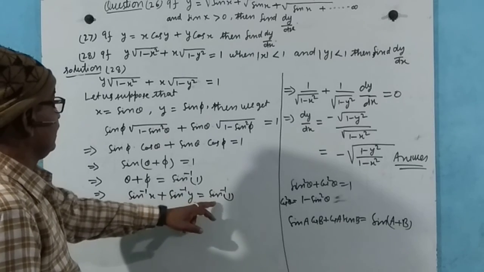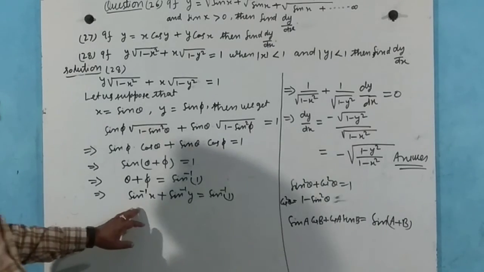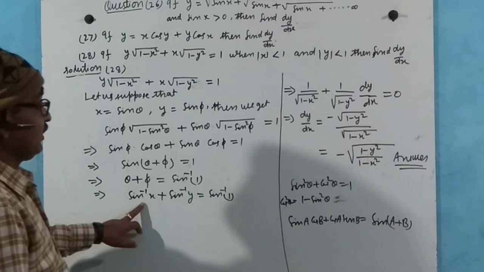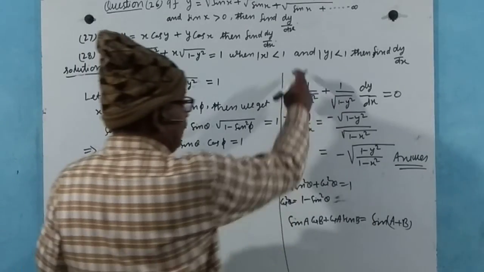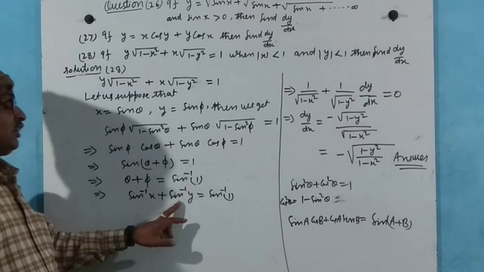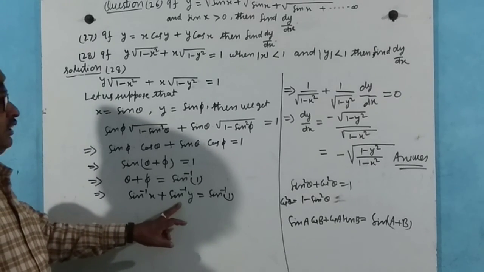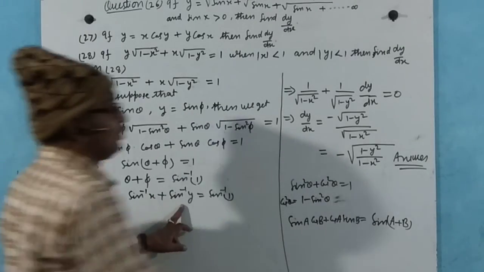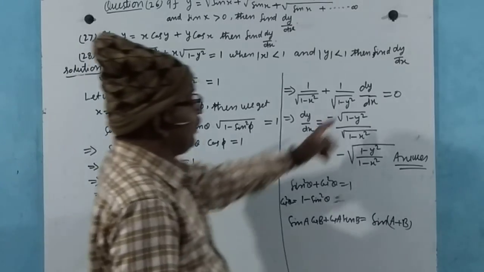Now differentiating with respect to x, d by dx of sin inverse x is 1 by under root 1 minus x square, plus d by dy of sin inverse y, which equals 1 by under root 1 minus y square, times dy by dx.